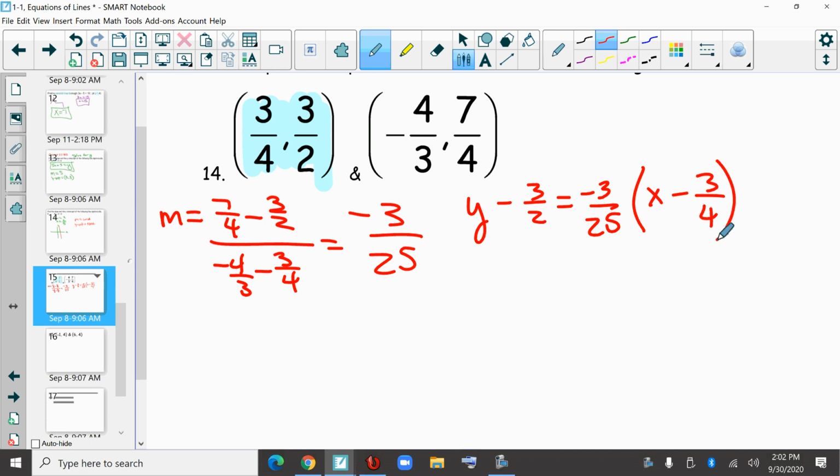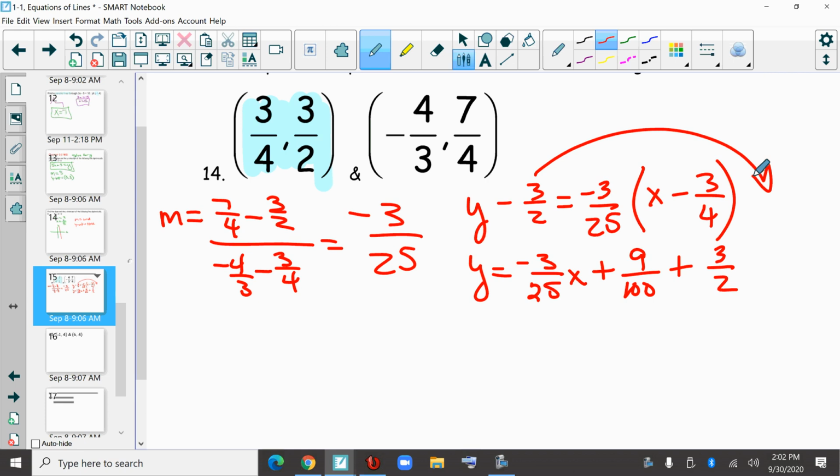Okay? So y is equal to negative 3/25 x plus 9/100. And I'm going to add to that the 3/2 because I'm just bringing this over to the other side.